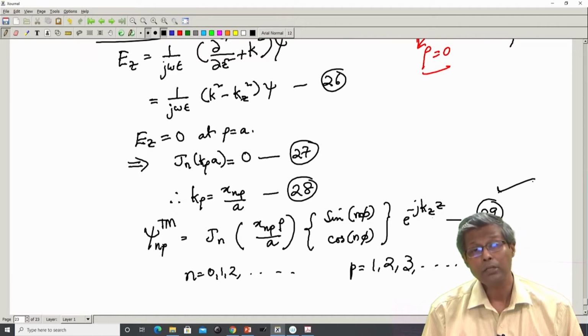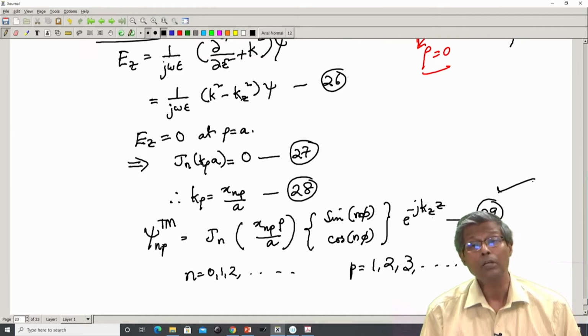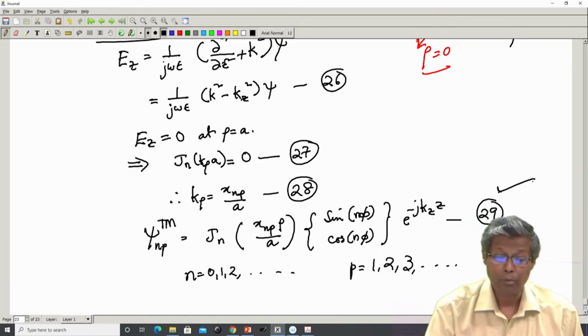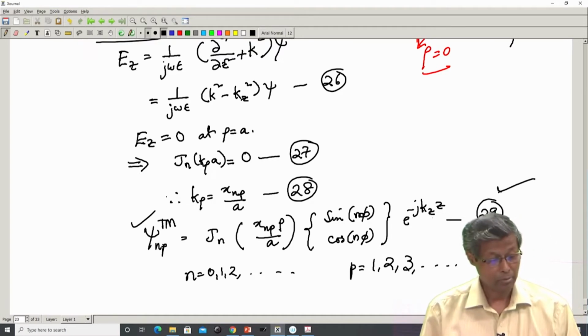So, the electric and magnetic fields for the TM to Z modes inside the circular waveguide can be determined from this psi function by substituting this psi function into equation number 19 and 21.